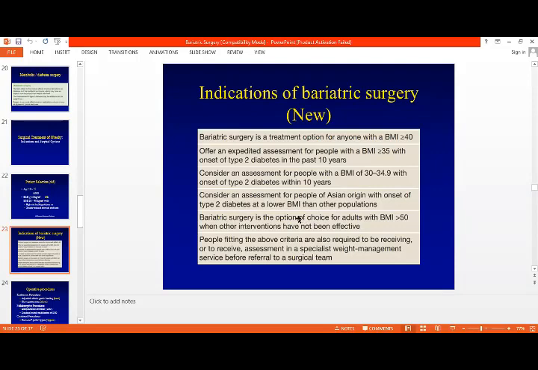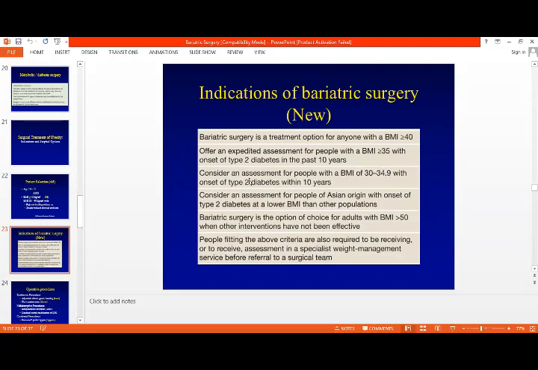And you can offer a quick expedited assessment for people with BMI more than 35 with onset of type 2 diabetes. Similarly, assessment of people even with BMI less than 35, 30 to 34.9, that is class 1 obesity, is also included.